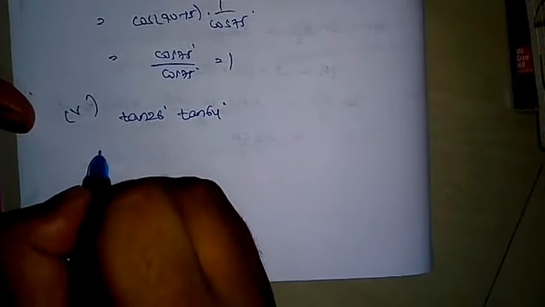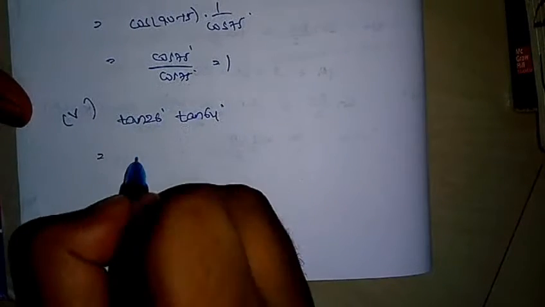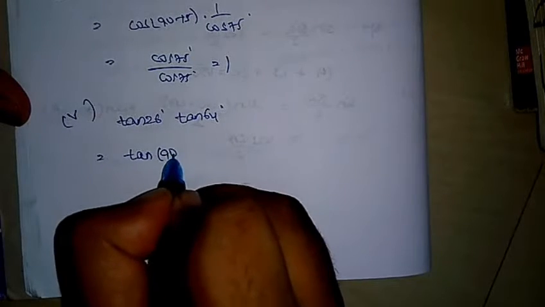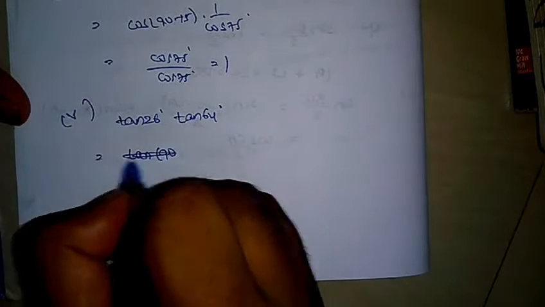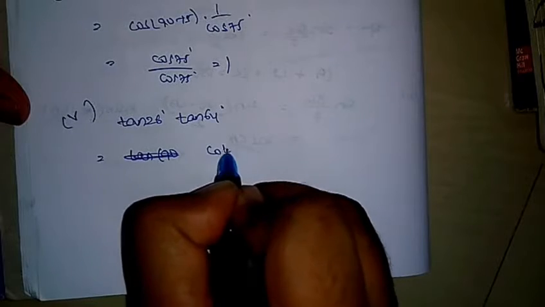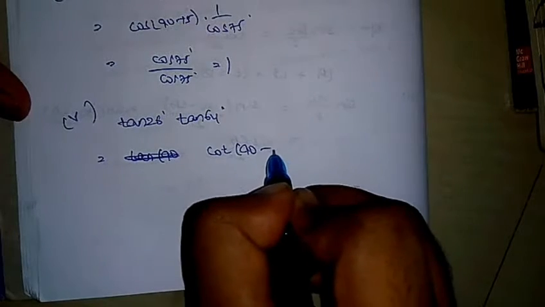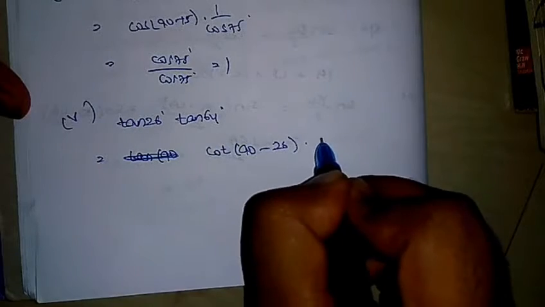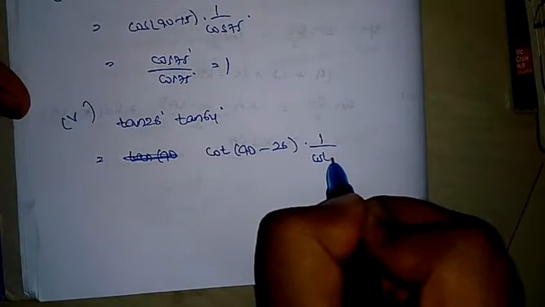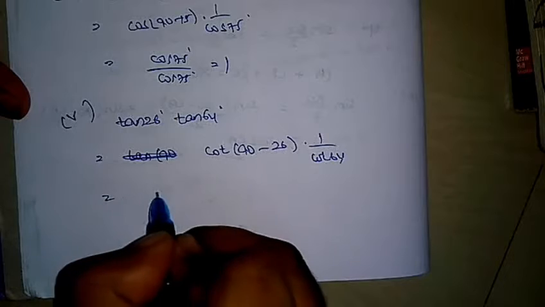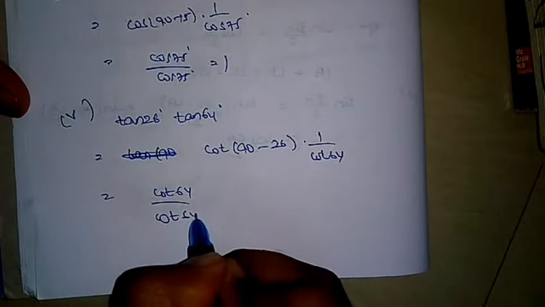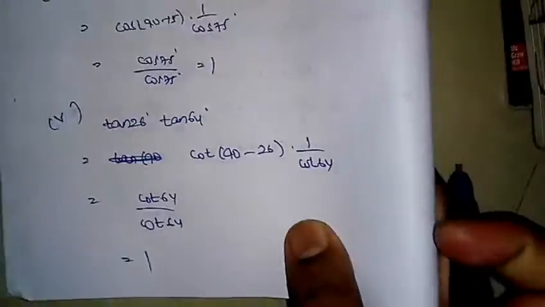Tan 26 can be written as cot (90 minus 26), into tan 64 can be written as 1 by cot 64, which is equal to cot 64 by cot 64, which is equal to 1.